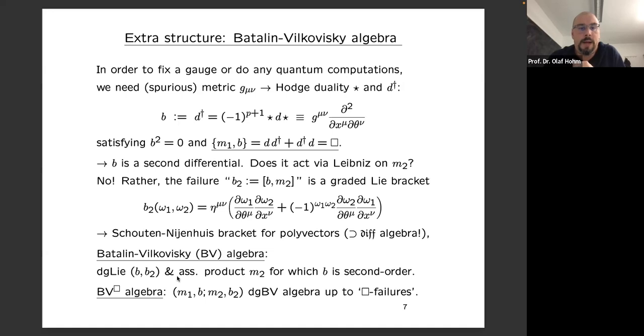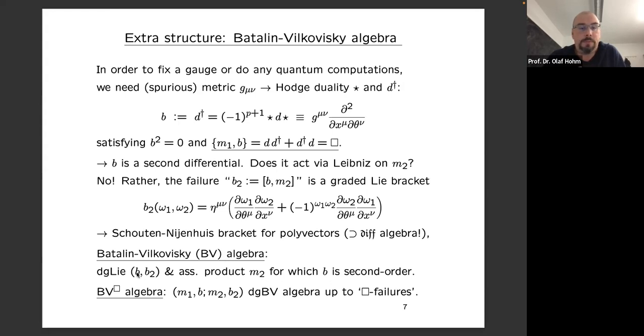And if we ask, well, what is the larger structure if I also remember the M2, the commutative associative product, it's called a Batalin-Vilkovisky, or for short BV algebra.